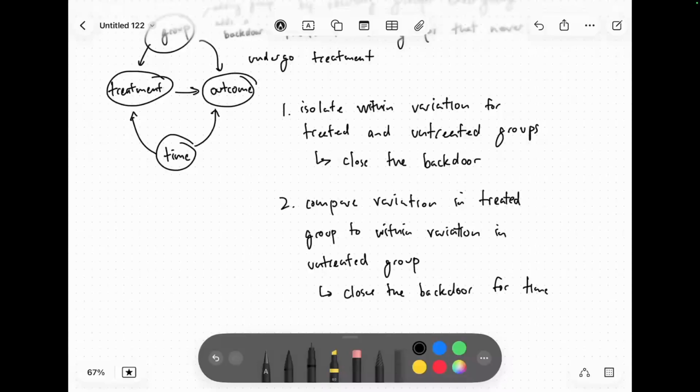Quick question. For number 2, you're comparing before the treatment in both groups? Yes, and I'm going to do an explicit example of this in a second. The idea is you have a treatment group and a control group.